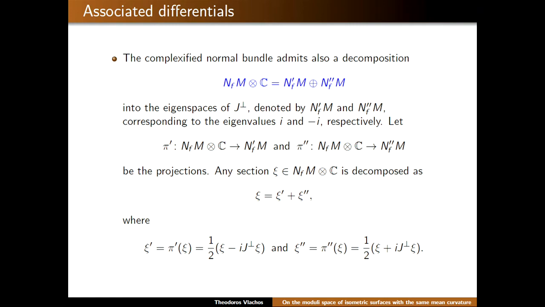We complexify the normal bundle. We decompose the normal bundle in the same way we did the tangent bundle, into the eigenbundles of the complex structure on the normal bundle. Any vector in the complexified normal bundle is decomposed in that way, where psi prime and psi double prime are the projections onto those two components.